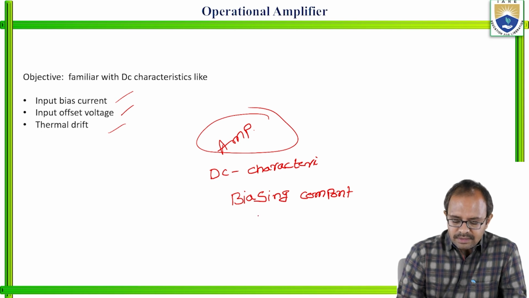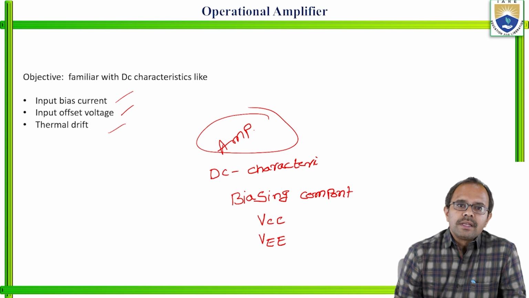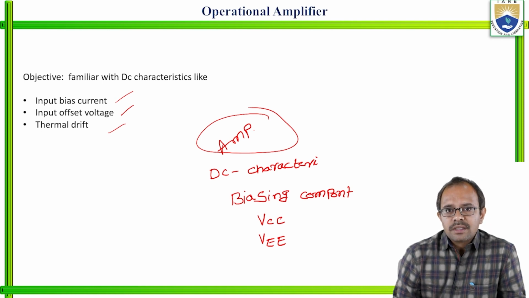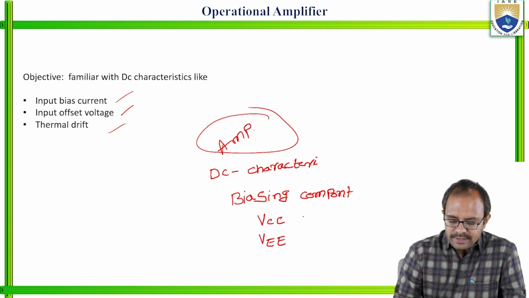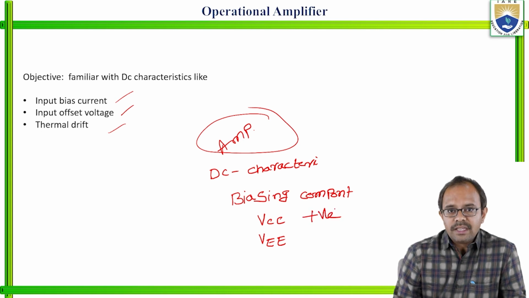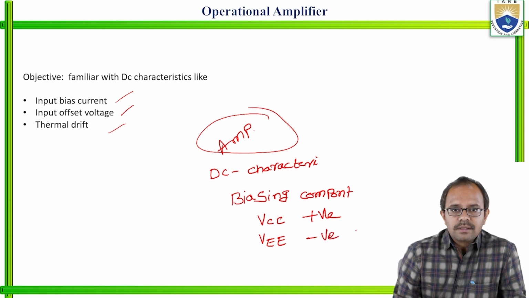We will say VCC, and another one is VEE, because we have a differential amplifier in the operational amplifier. This differential amplifier is going to have two biasing voltages. One is the positive bias, VCC, and VEE is the negative bias, right?